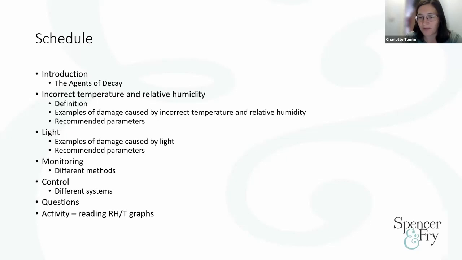Apologies for anyone who has quite a bit of knowledge on conservation matters, because I have started quite basic for anyone who is just developing their knowledge of museums and conservation. So hopefully there'll be a bit for everyone, but apologies if there are some things that you know, but I always find it's good to have a refresher, even if you do know these things. So hopefully you enjoy.